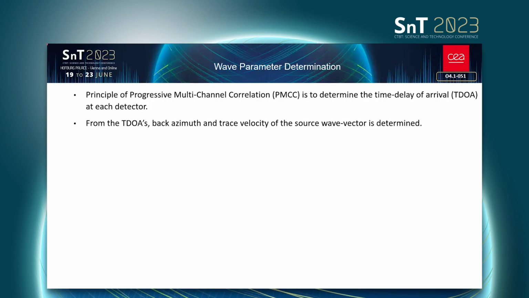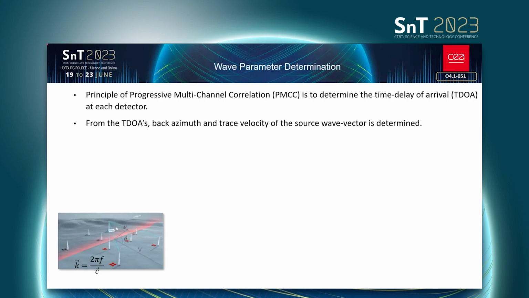So, to start with, the measurements of infrasound at any IMS station or any infrasound station, to get measurements of, for example, back azimuth and trace velocity, we need to use basically the time difference of arrival at each. So there's an array.